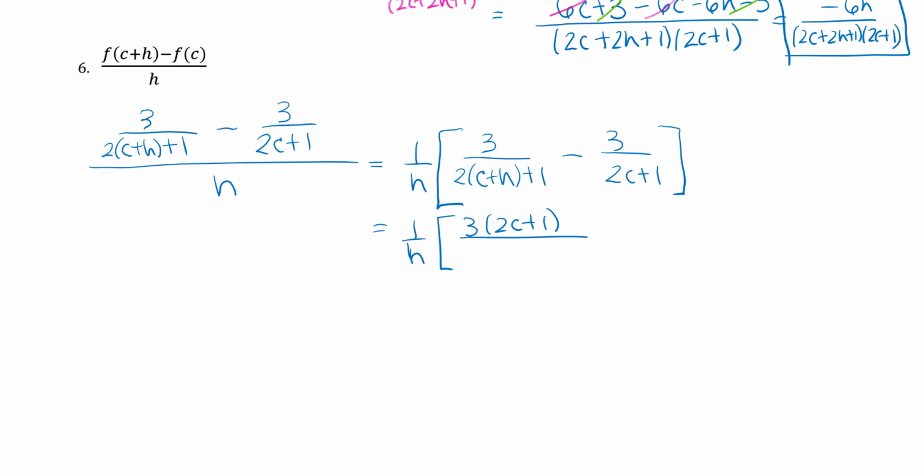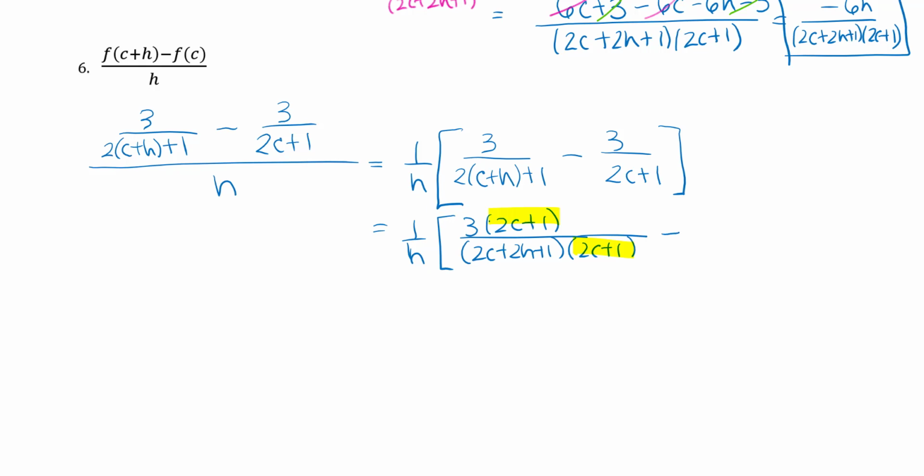I need to get a common denominator here, just like we did before. My first fraction already has a denominator of 2c plus 2h plus 1, so I'm going to multiply on numerator and denominator by that 2c plus 1 factor that I need.